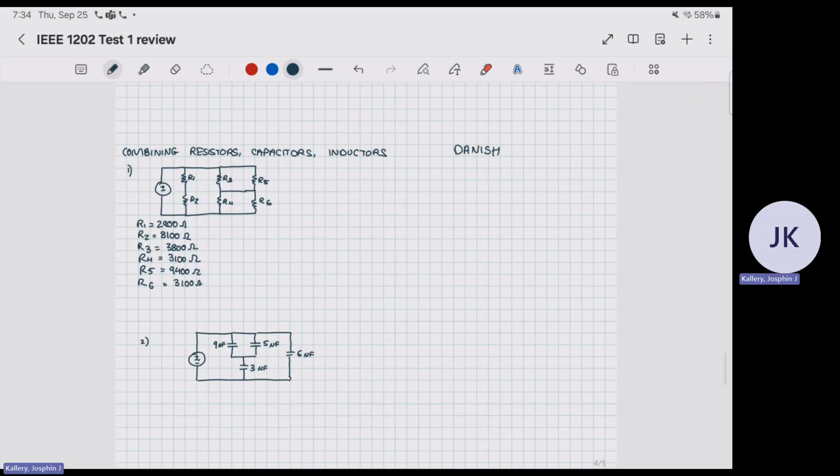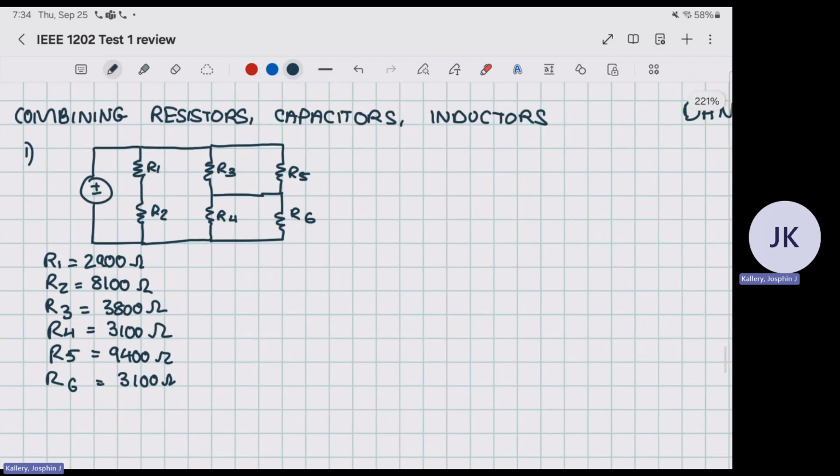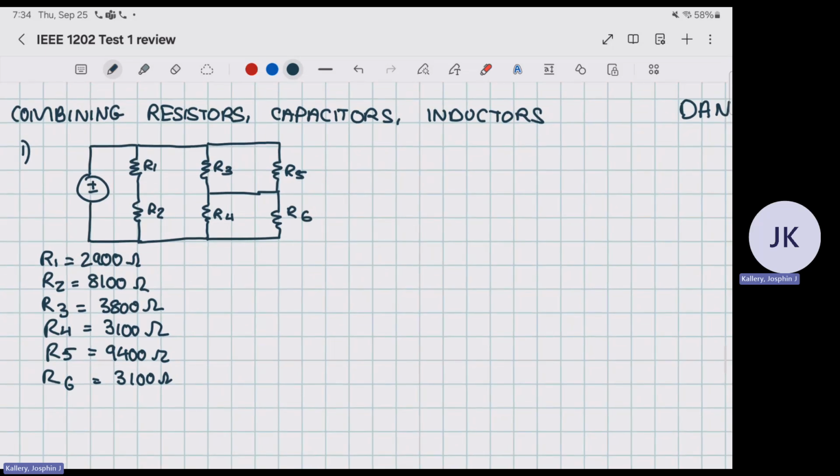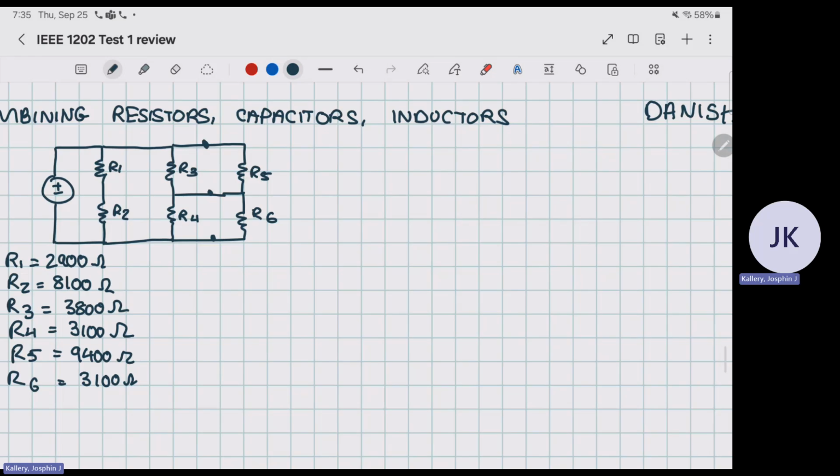Alrighty, the next concept that you will 100% see on the exam is finding the equivalent resistance, capacitance, and inductance. For this question, you've got to determine where the nodes are first. We know there's a node here, there's a node here, and there's going to be a node here. So we'll start there.